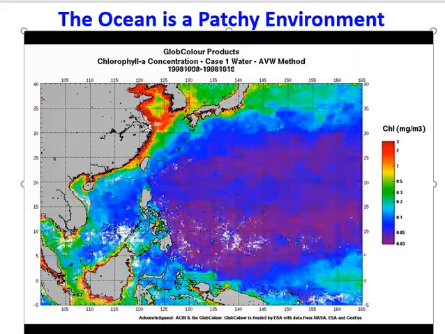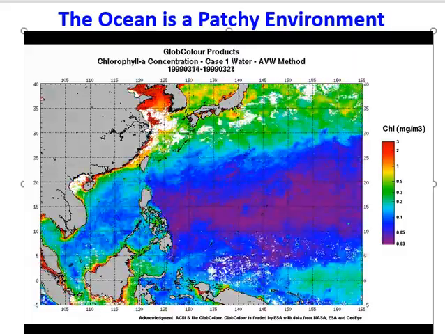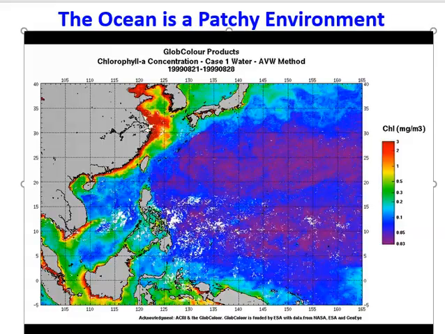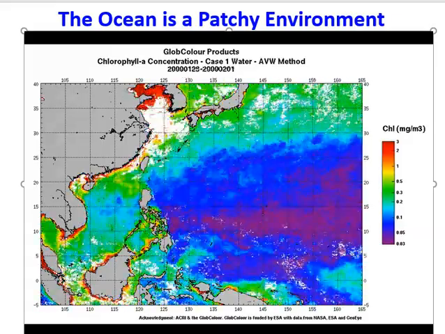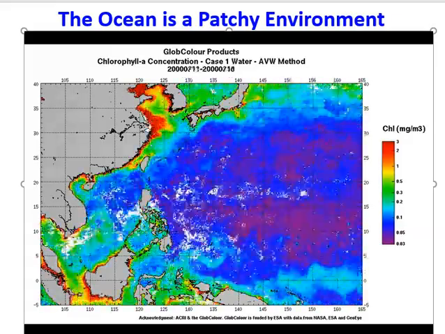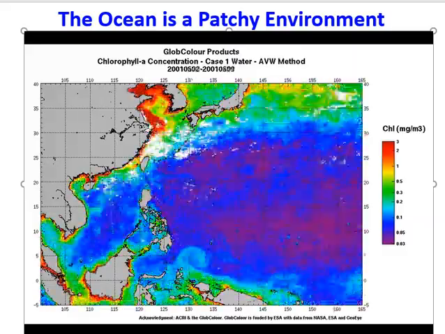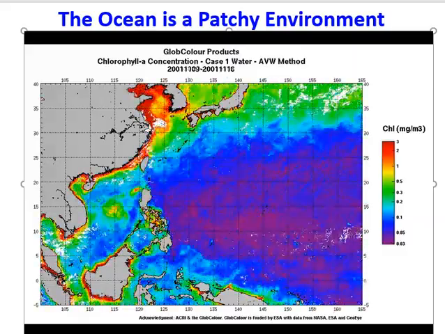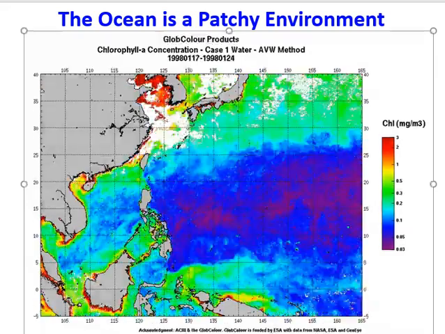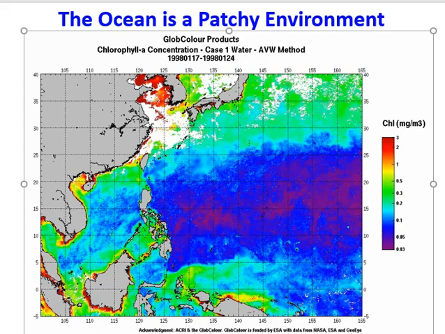If you look in the ocean, here's the Western Pacific way out there by Asia, and this represents the amount of chlorophyll in the ocean. Chlorophyll is related to primary production, which starts the flow of energy into these ecosystems. Basically, the more chlorophyll there is, the higher the productivity in these parts of the ocean.